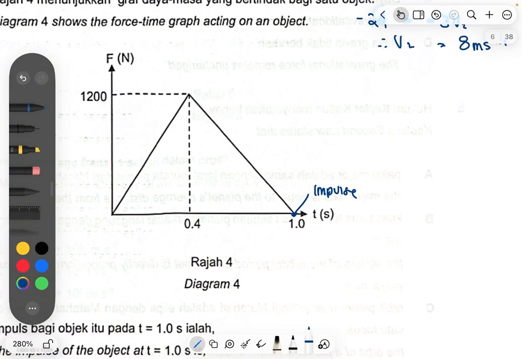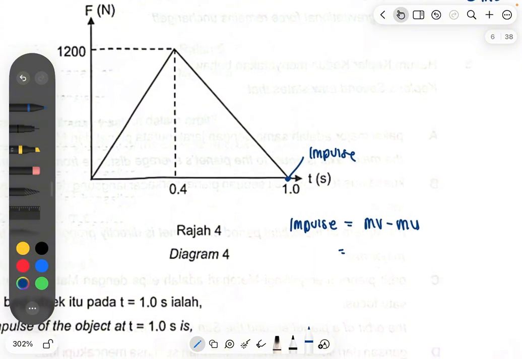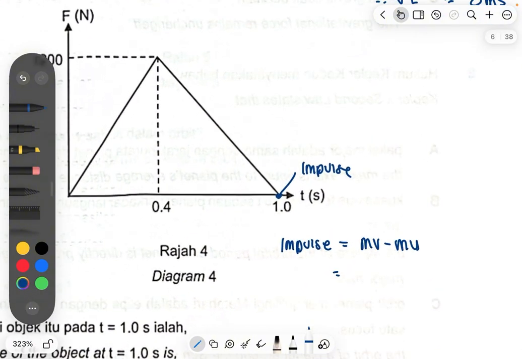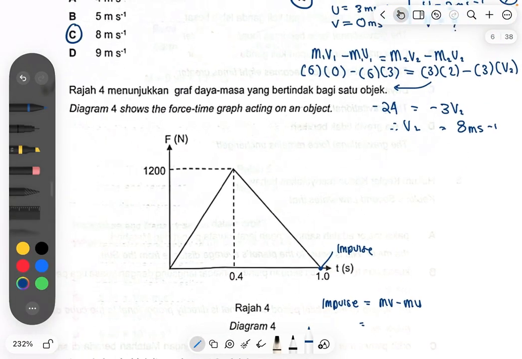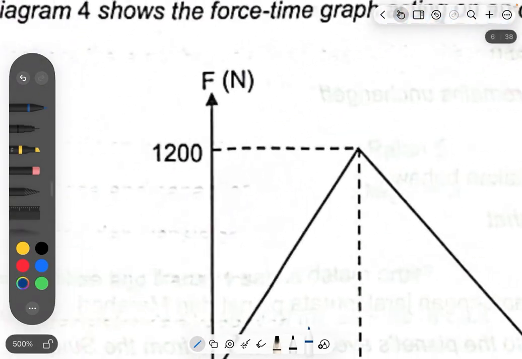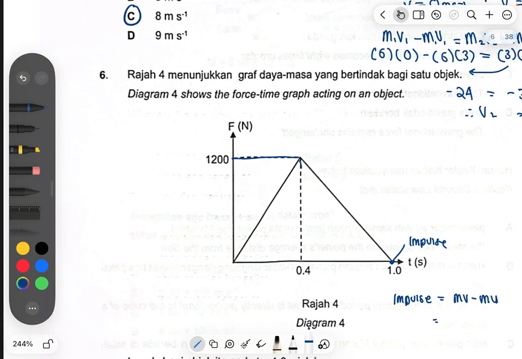So impulse is a change of momentum, and the formula is mv minus mu. So it's equal to 1200. Here it's 0.4.